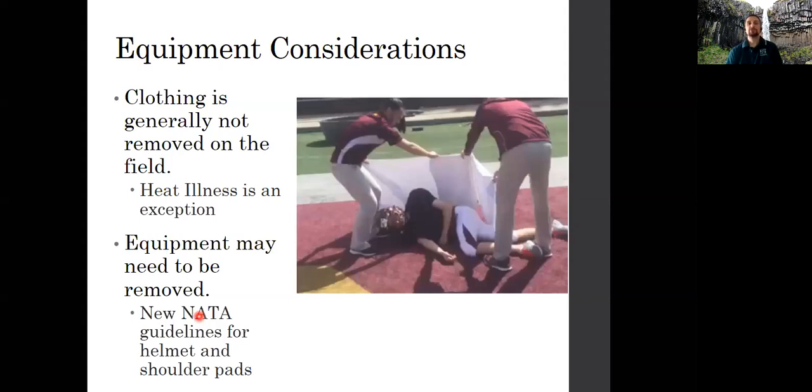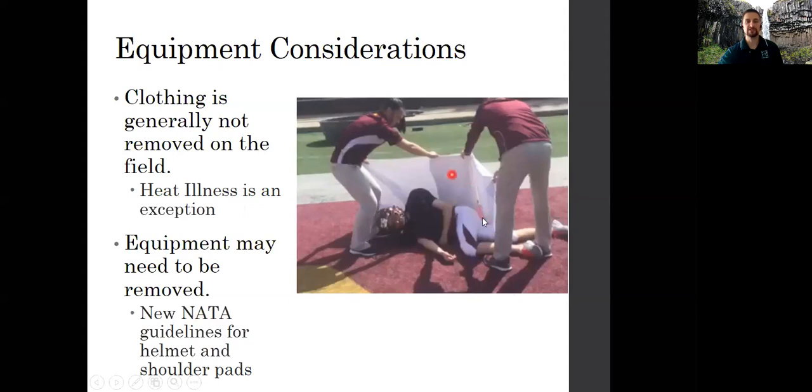So in the acute settings, usually most of the equipment is left on, or clothing is left on. Heat illness is a very good exception, because if someone's having a heat stroke and they're overheating, and the cooling mechanism in the body is being disrupted, they can't cool down, that is a very life-threatening condition.